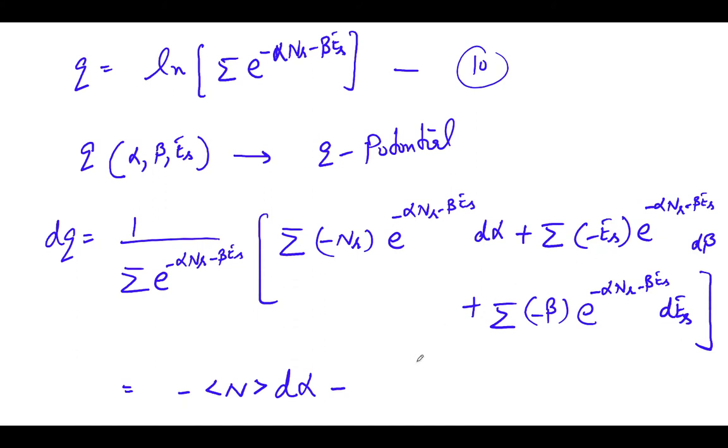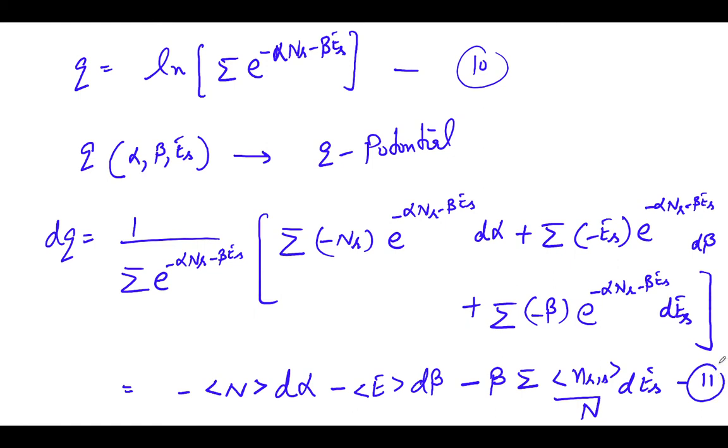The second term is the expectation value of the energy eigenvalue into d beta, and the third term is beta times the summation of exponential of minus alpha nr minus beta es, that is nrs over the total number of systems present in this grand canonical ensemble, into d es.